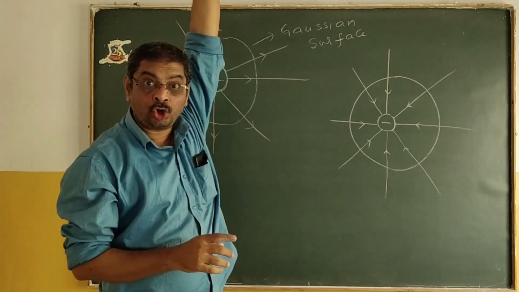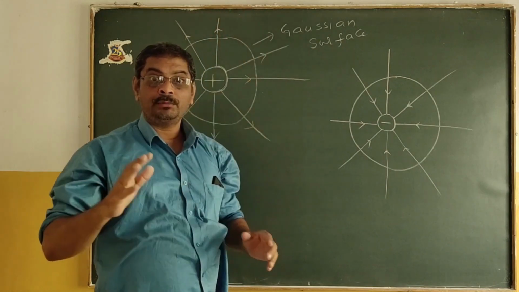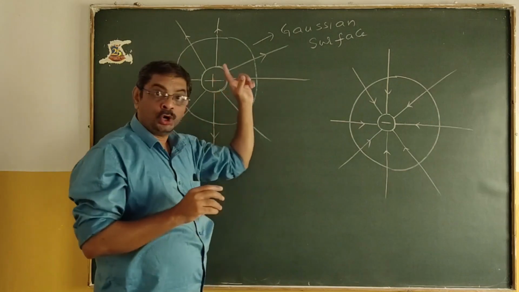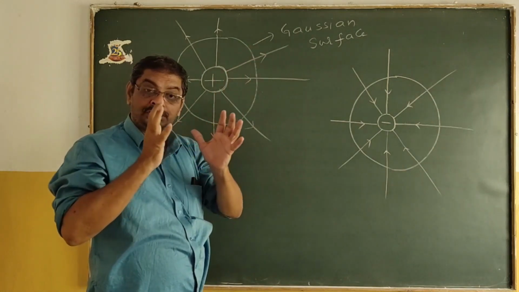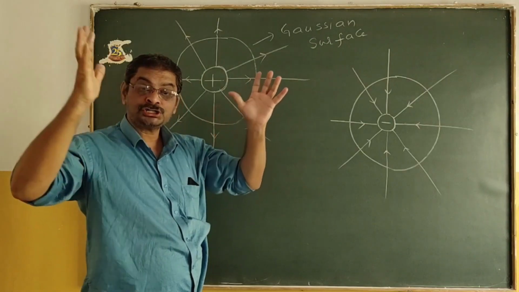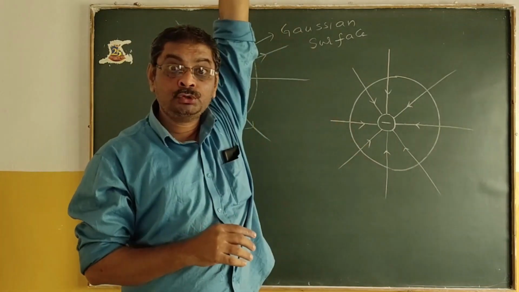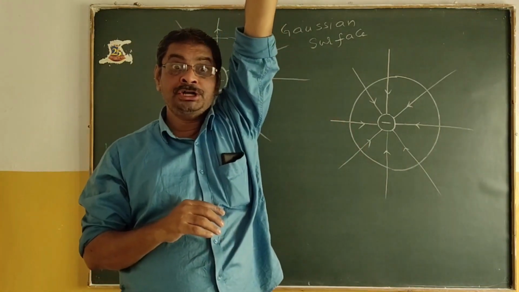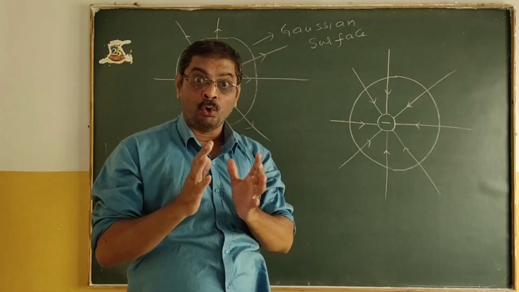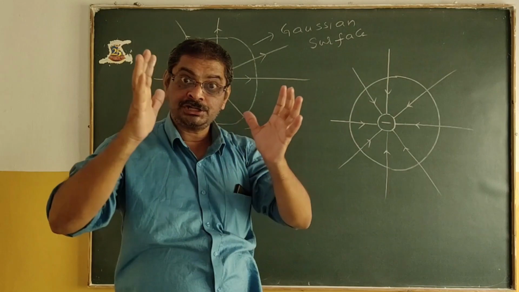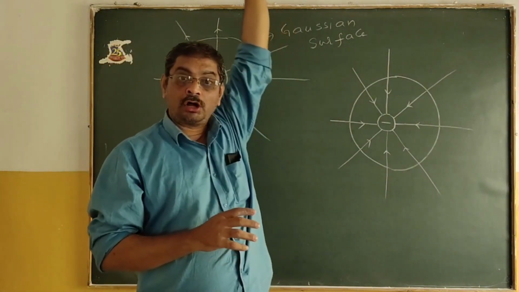Due to the positive charge, all the lines of force will be radially outward, diverging from the Gaussian surface.